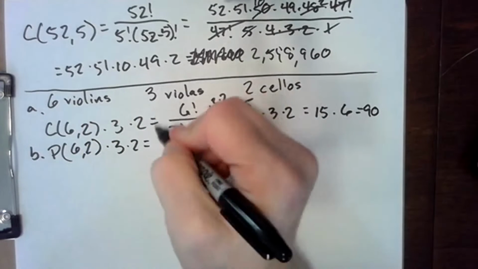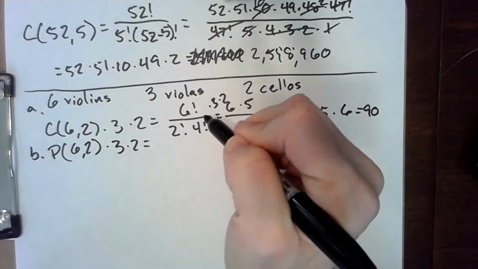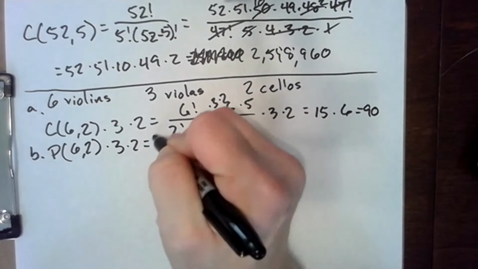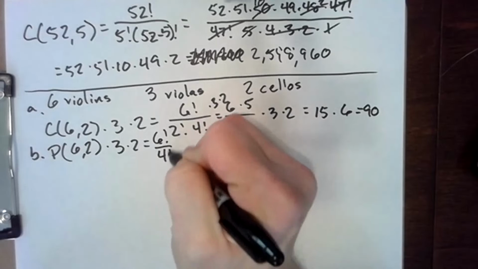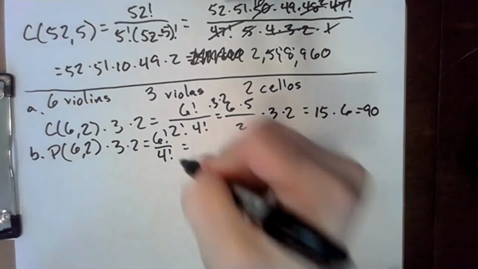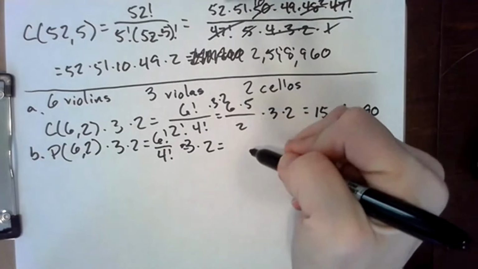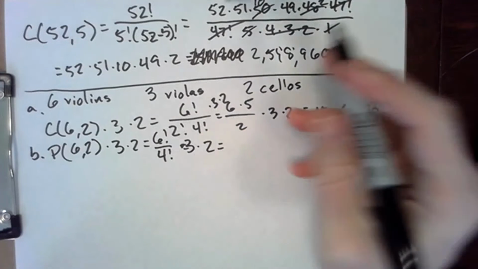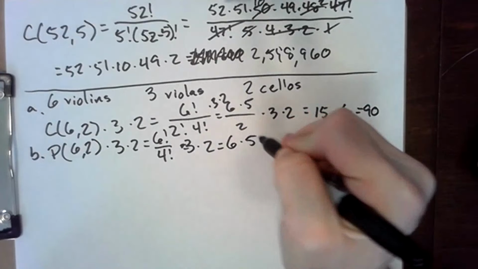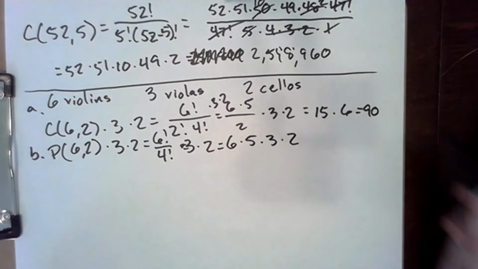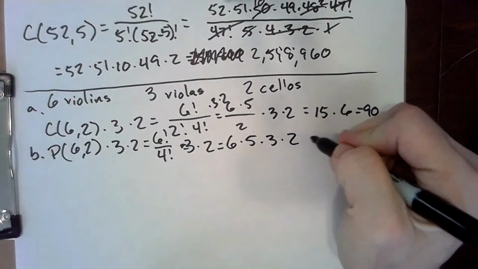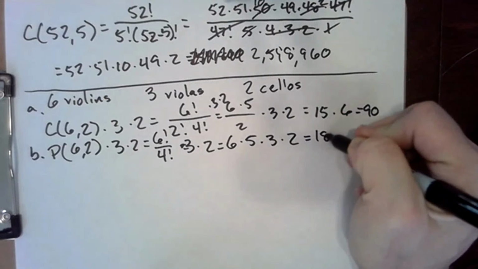And that's just going to be 6 factorial over 4 factorial, times 3 times 2. Well, 6 factorial over 4 factorial is 6 times 5, or 30, times 6, which is 180.